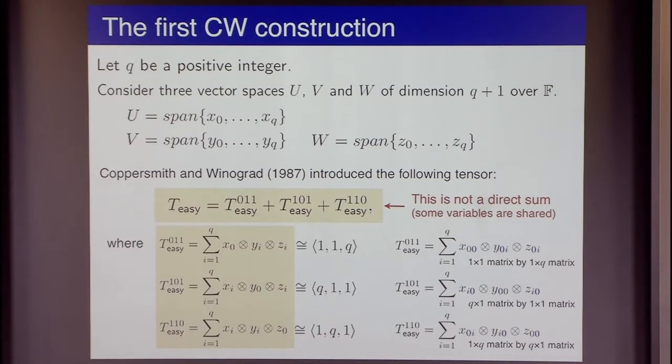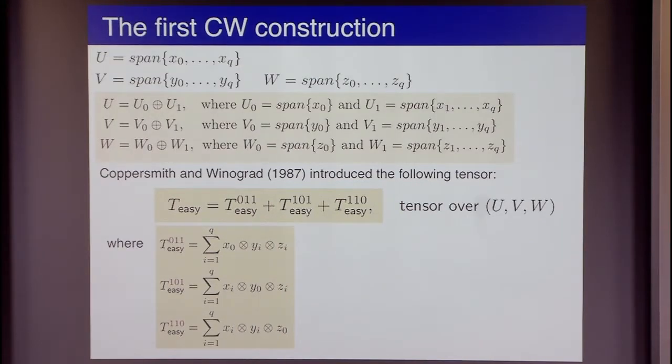And the point is that it's not a direct sum because some variables are shared. Here you have the same z_i variables, and the same x_i variables here and here. So variables are shared, so the sum of the three terms is not direct.